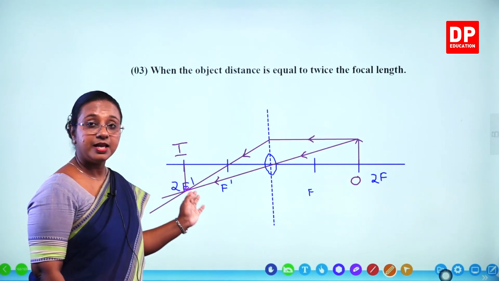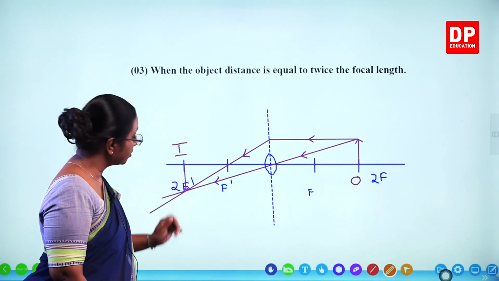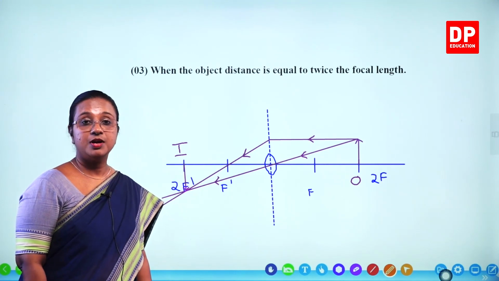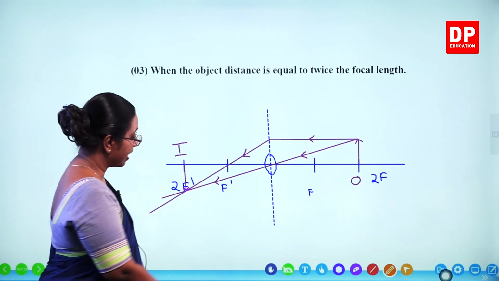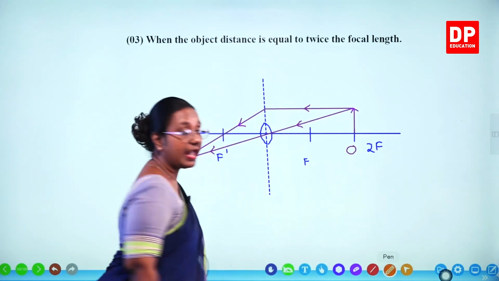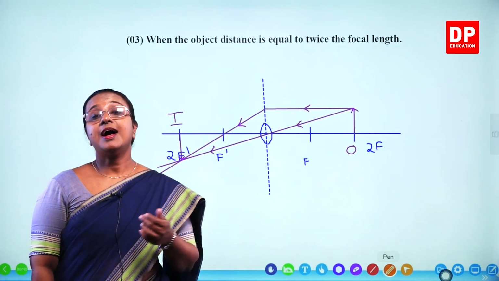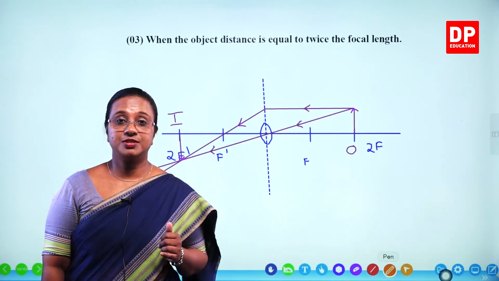Same size, inverted, real. And also that is on 2F, twice the focal length. So that is the ray diagram for this particular question. And with that, I have come to the end of extra questions.